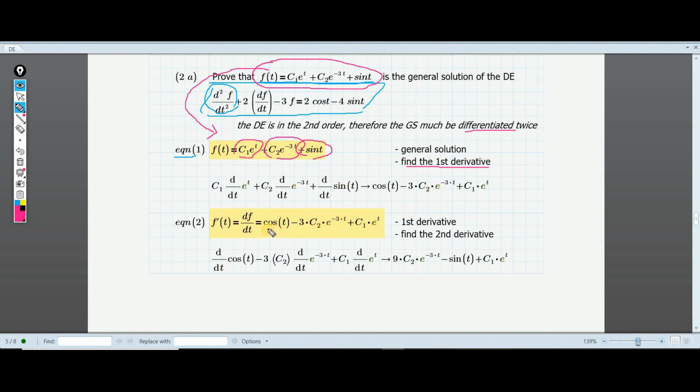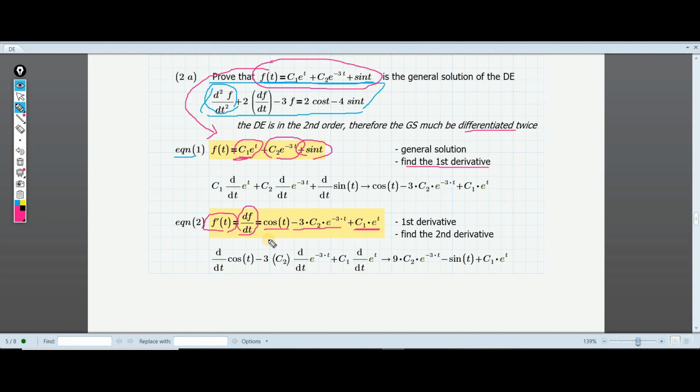And rewriting it, ito siya. So, we have here the cosine t. Ito, sine t, magiging cosine t. We have c sub 2 e to the negative 3t. Ang sagot ay negative 3 c sub 2 e to the negative 3t. And we also have here c sub 1 e to the t. Ito yan. So, this is the first derivative. F prime t or yung tinatawag natin na df dt.